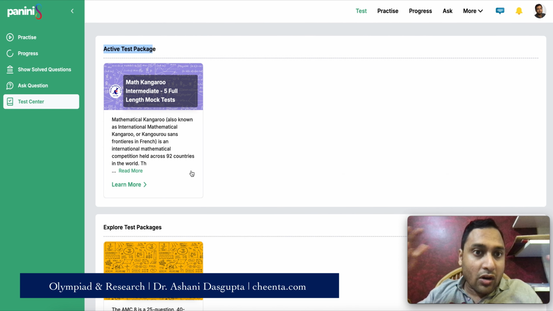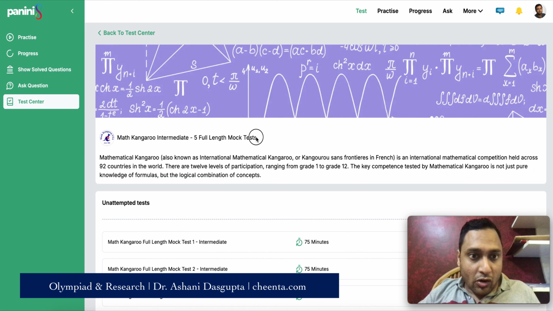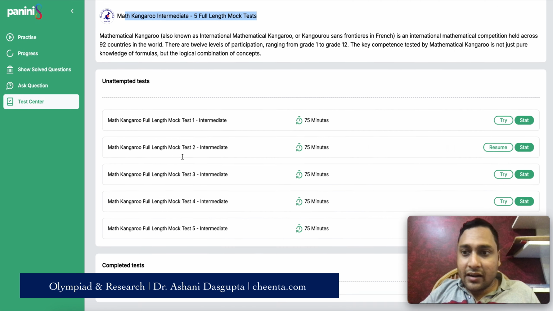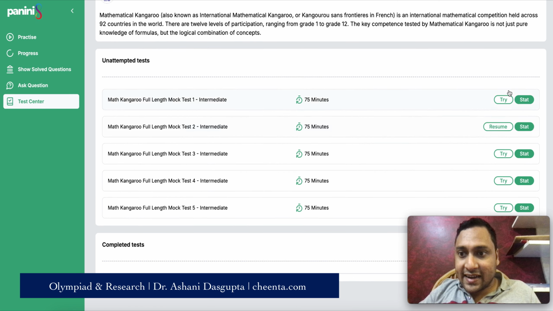So let's see what happens if I click here. There are 5 full-length mock tests on Math Kangaroo, and of course I can start taking the tests. I can resume the test that I was already giving. This was the test that I was giving, and I can browse through the questions. There are 424 questions here, and the total time is 75 minutes.